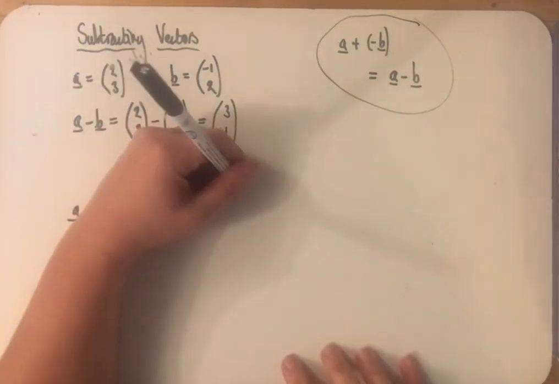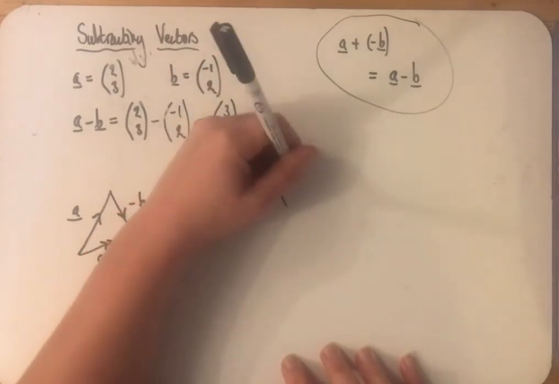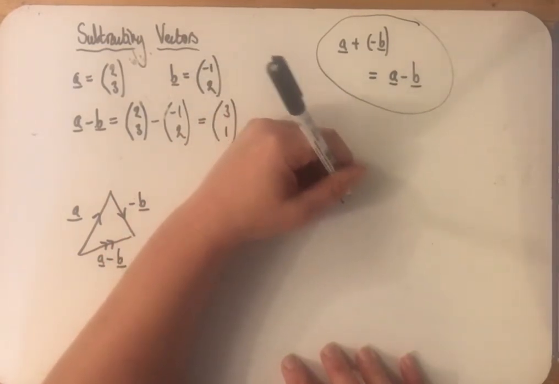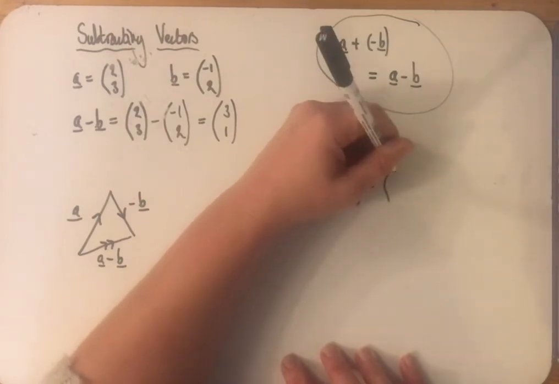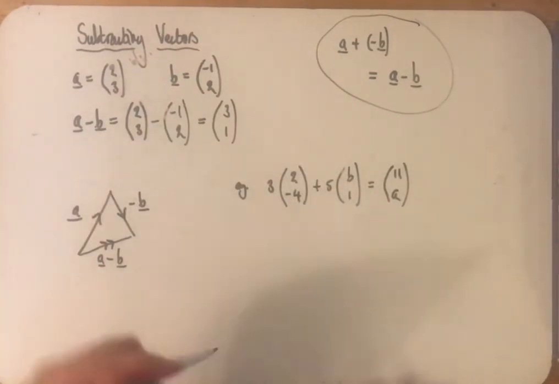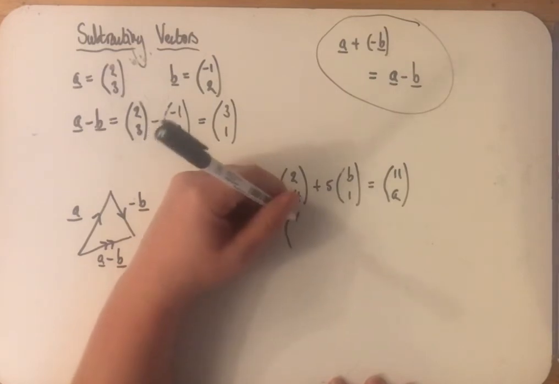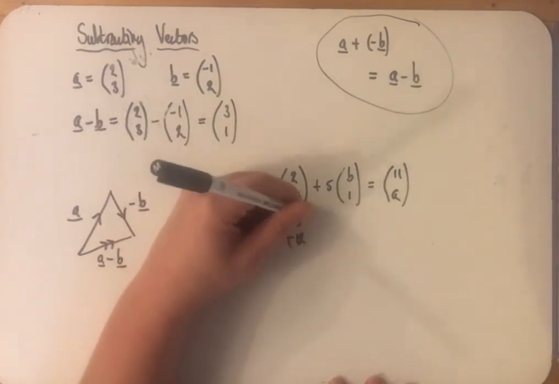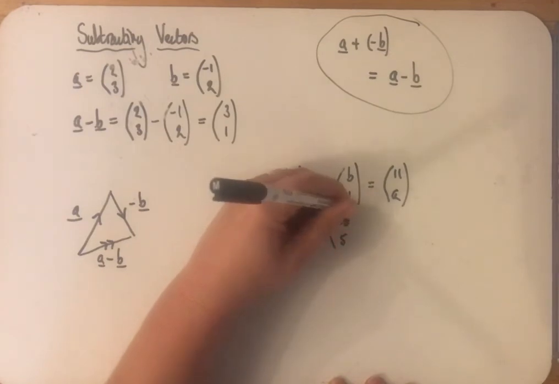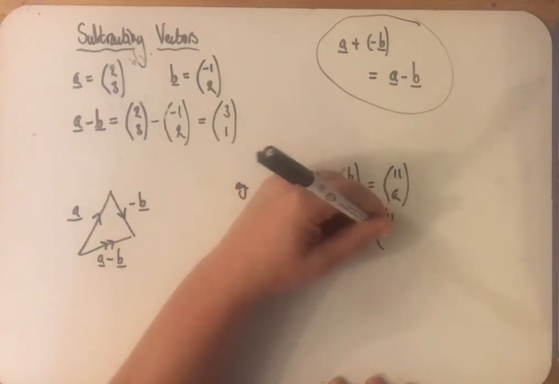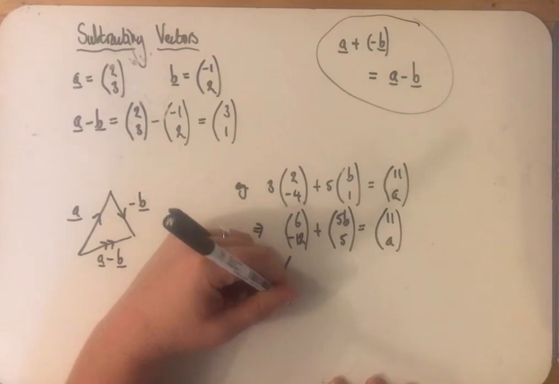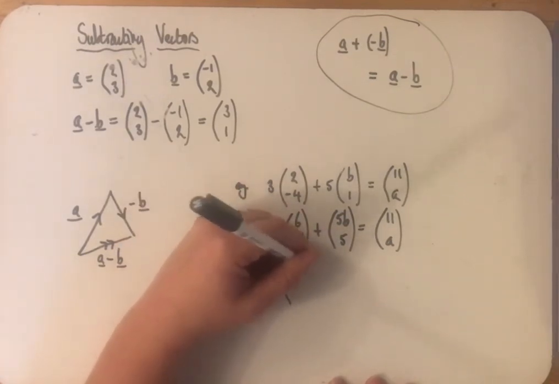Just one quick example. I think you'll be okay with this. But say you've got 3 lots of 2, minus 4, plus 5 lots of B, 1, is equal to 11, A. And we want to find A and B. Then literally do 3 times 2 is 6. 3 times minus 4, negative 12, plus 5B, 5, just timesing through by that 5, is equal to 11, A. And then when you add these together, this top bit becomes 6 plus 5B.